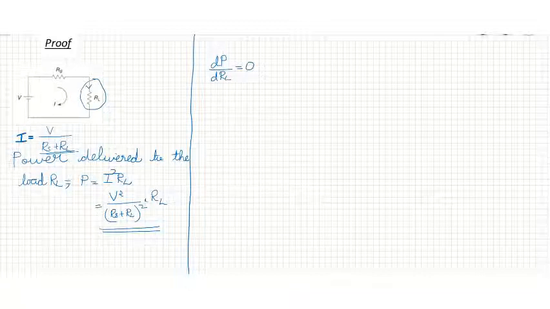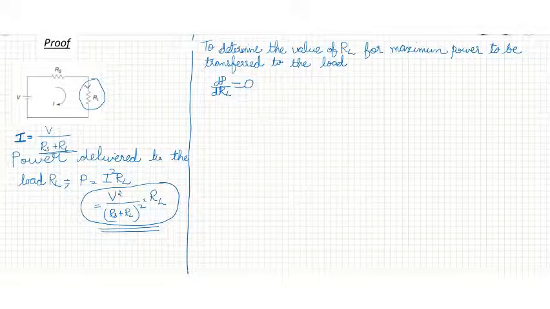This is the condition for maximum power transfer. So our aim is to find out the value of RL for which this power becomes a maximum. Differentiate this expression with respect to RL and equate it to 0, dP by dRL equal to 0.